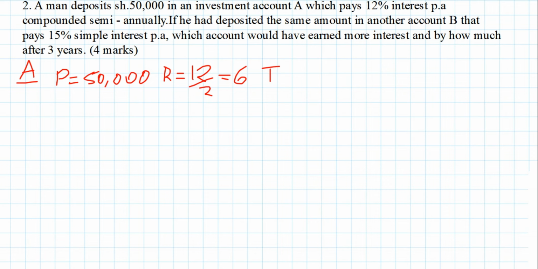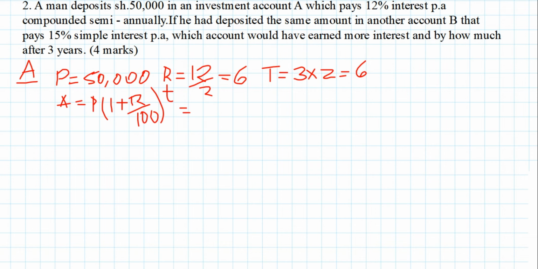And then for the time, we are going for 3 years, and each year has got 2 semi-annuals, so we multiply by 2 so that now we can obtain our time or the number of periods to be equal to 6. And now we know our formula as it is there. And then we substitute the values of P, the principal, the rate, and then the time.